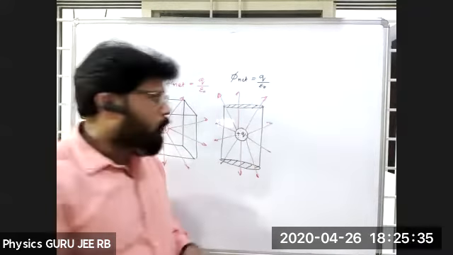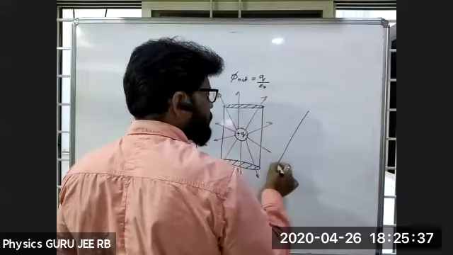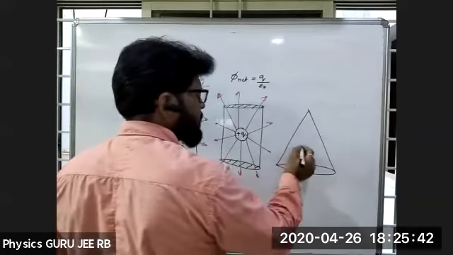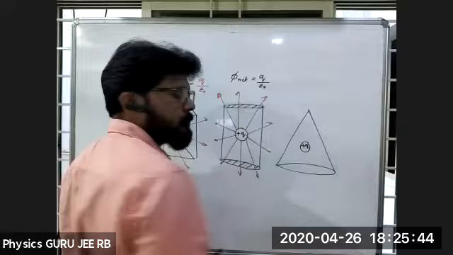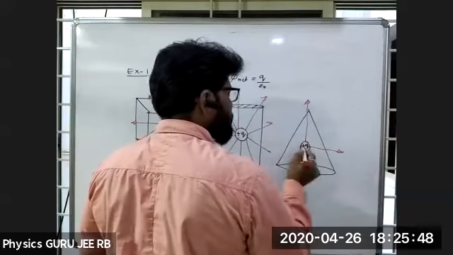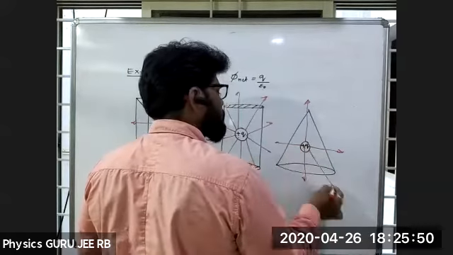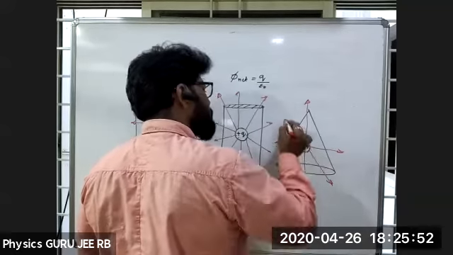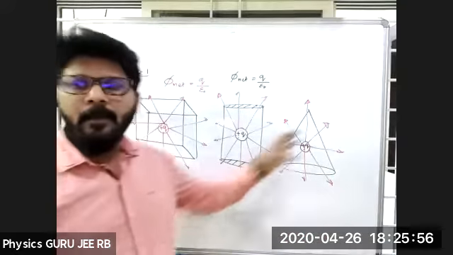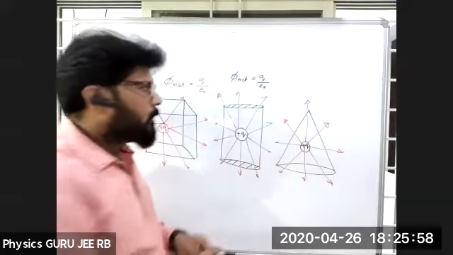Okay, if I take a cone, exactly if I place the charge at the center, right? Now the electric lines of force are coming outside. What is the net flux?